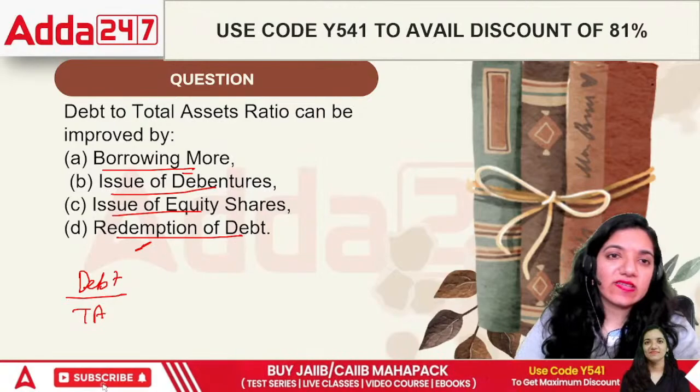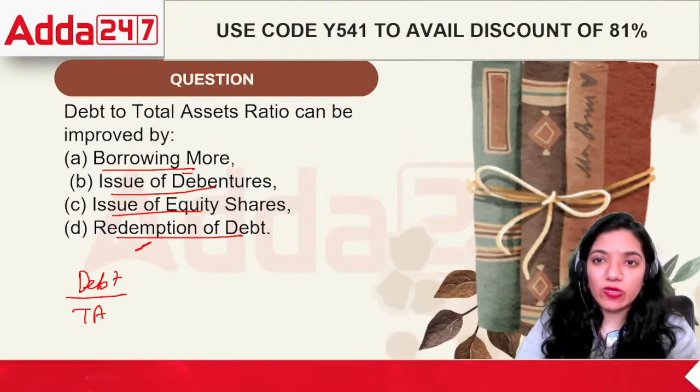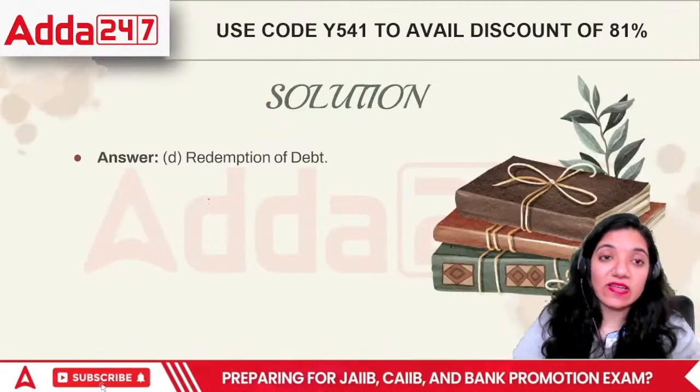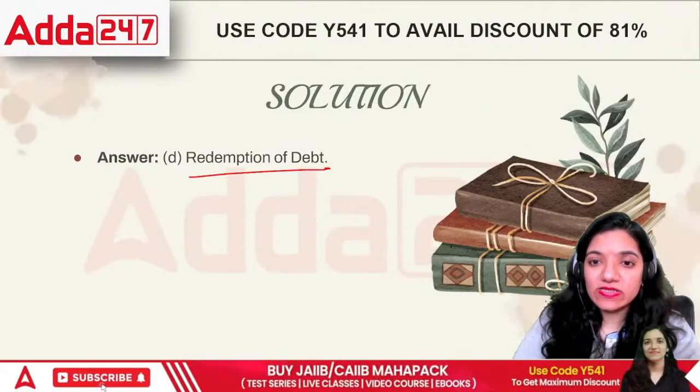The correct answer in this case would be redemption of the debt. The debt to total asset ratio is debt divided by total assets.